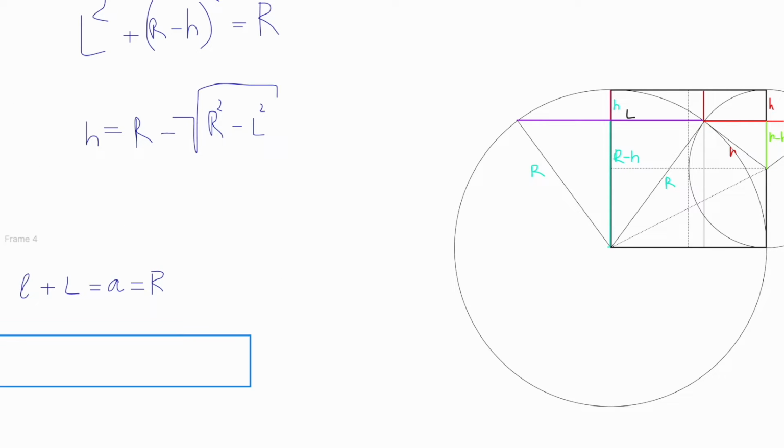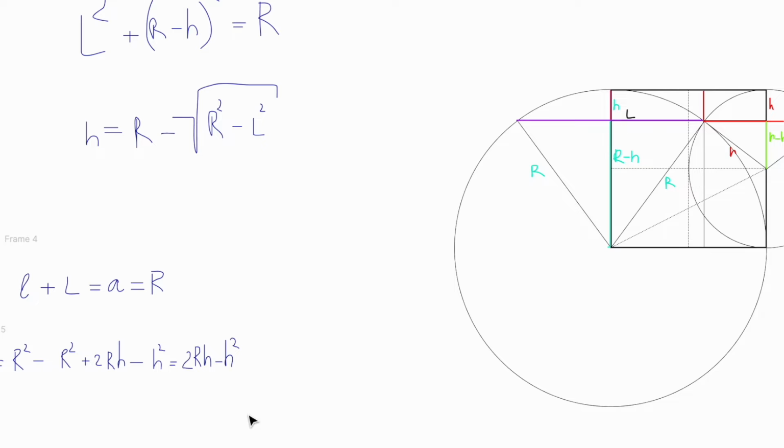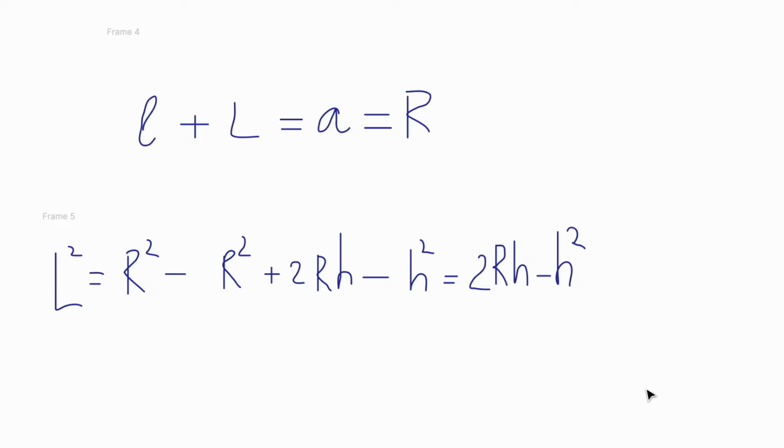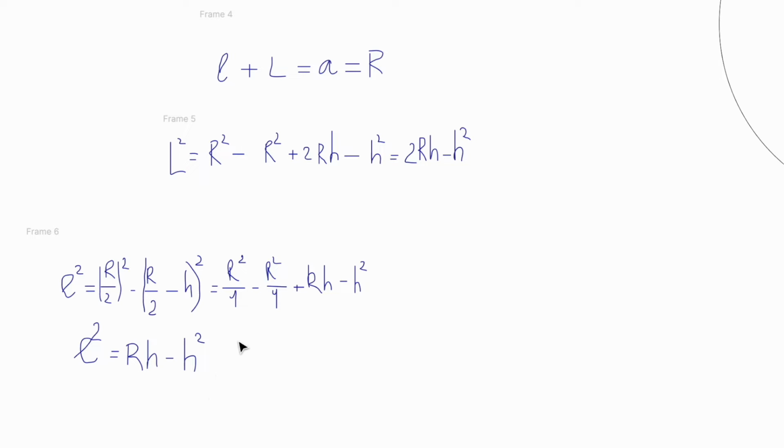Next, we rewrite the mathematical expression to find the large L squared. It turns out to be 2Rh minus h squared. The same thing we do for small l. From this formula, we deduce that it equals Rh minus h squared.